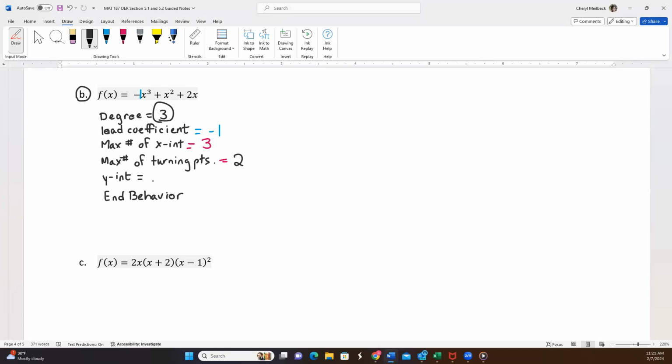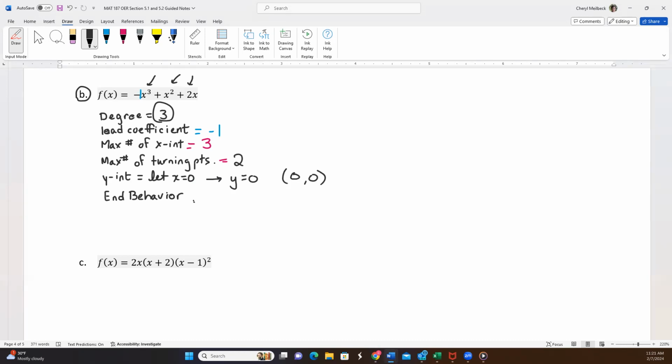We know that to find the y-intercept, we let x equal 0. So if I substituted a 0 into x, I get 0 plus 0 plus 0. So my y value would be 0. Y equals 0, which means the y-intercept is the point 0, 0.